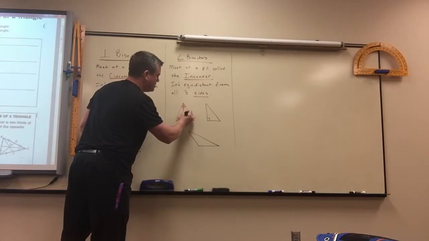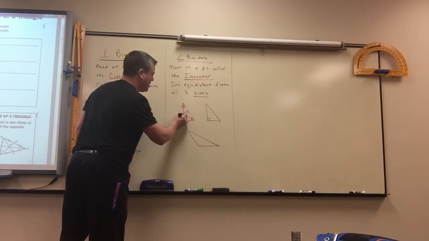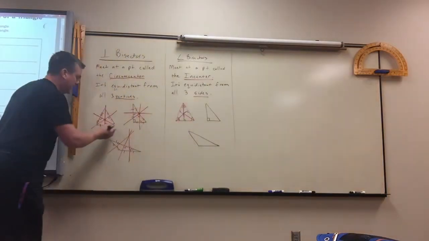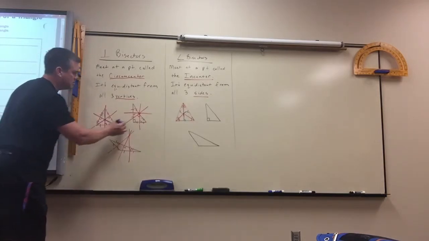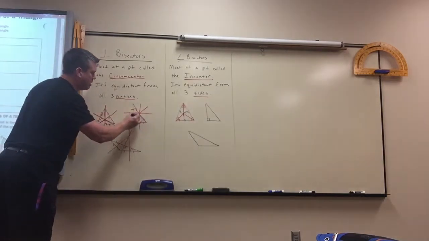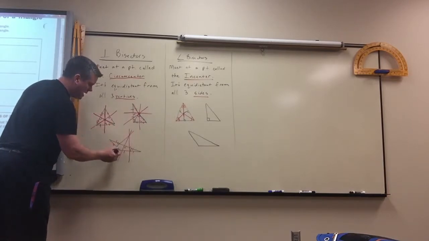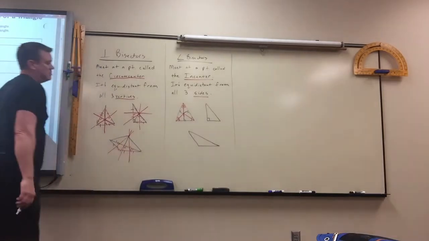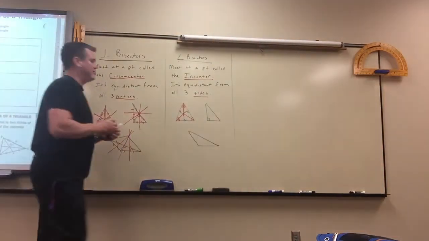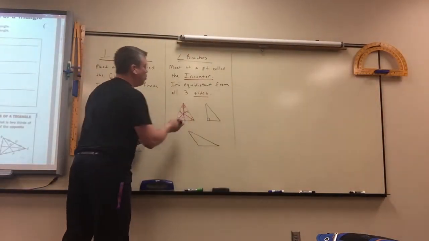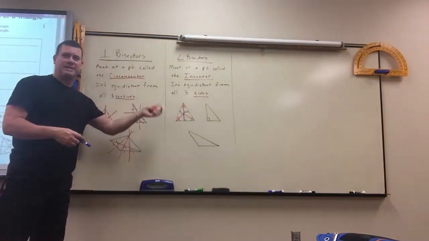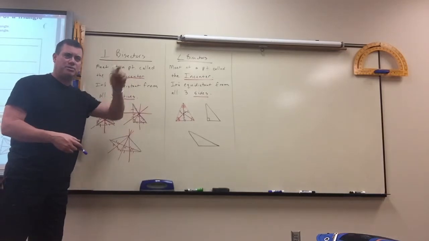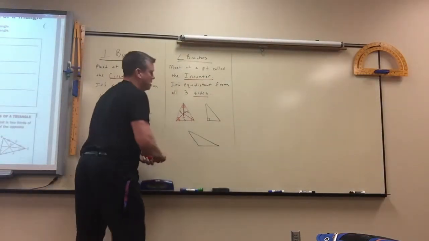So this distance and that distance are the same. In here, it would be this piece and that piece. There and there are equal. And here, it's there and there that are equal. When it's an angle bisector, they will always intersect inside. The reason why is you put a circle inside, so they obviously would.